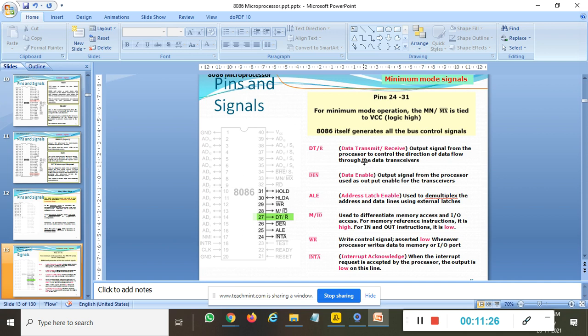In minimum mode, 8086 itself generates all the bus control signals.